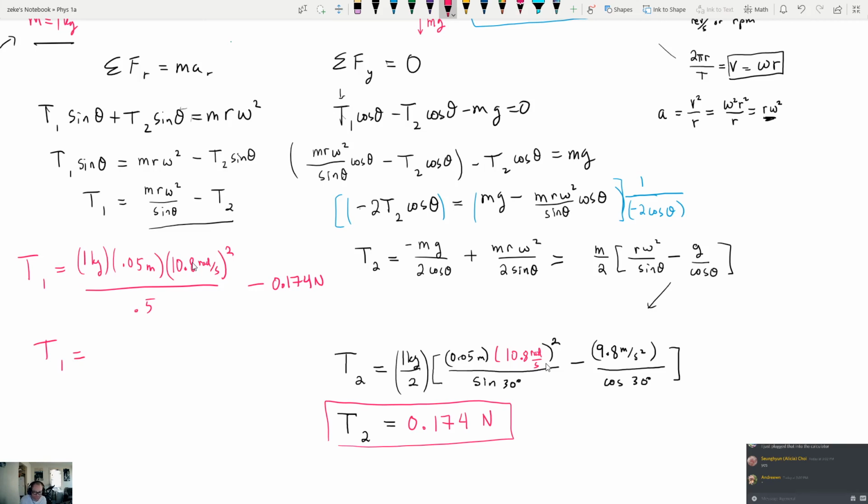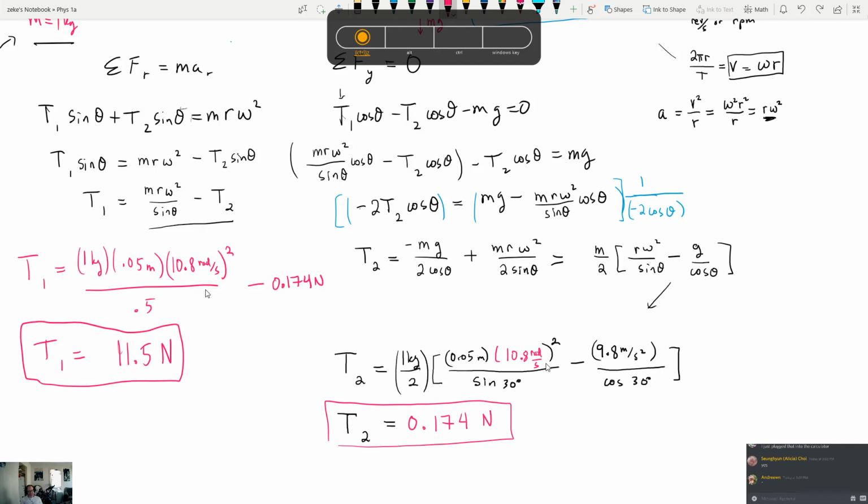And it looks like the bottom arm is the one that has all the tension in it. However, if it were to go faster, then T2 would get bigger, but T1 would get smaller, I believe. For example, if we doubled the speed right here, T2 would definitely get bigger. But as T2 gets bigger, T1 also gets a little bit smaller. Although, this number would get bigger too. But anyway.